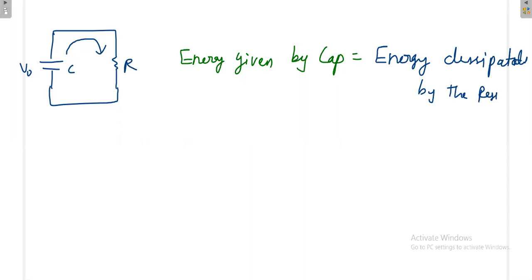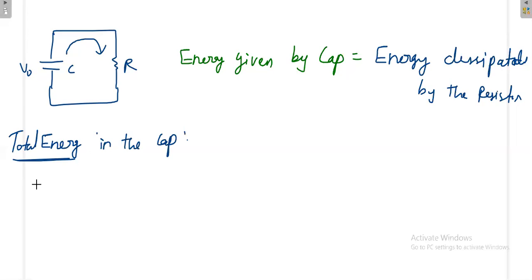Now I will calculate these two terms separately. Then I will try to prove both are the same. What is the total energy given by the capacitor? This is not the simple energy, it is like a total energy in the capacitor. When you have the total energy in the capacitor, what is the total energy in the capacitor? Anybody?